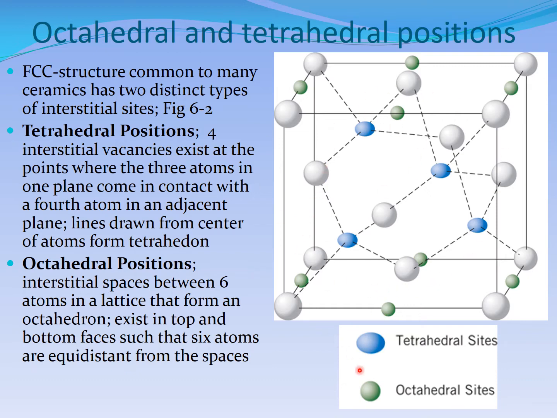Now the green ones, on each face, between this and this there is one atom, between this and this there is one atom. So if it is like this, then these are octahedral sites.